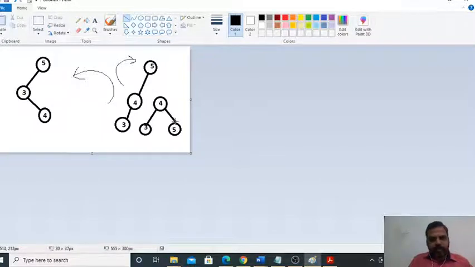So now the tree is a balanced tree. It happened because of LR. Okay, one left rotation and one right rotation.